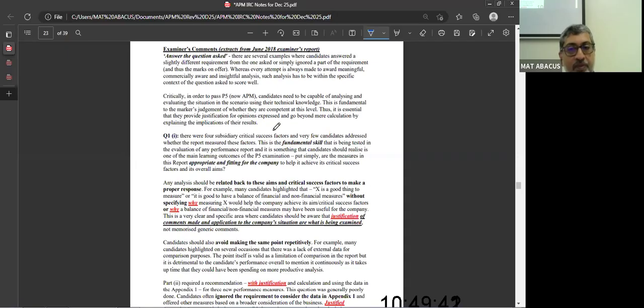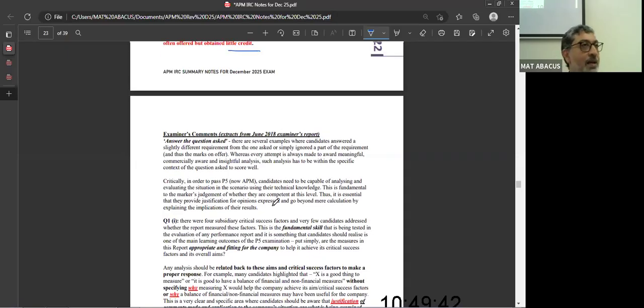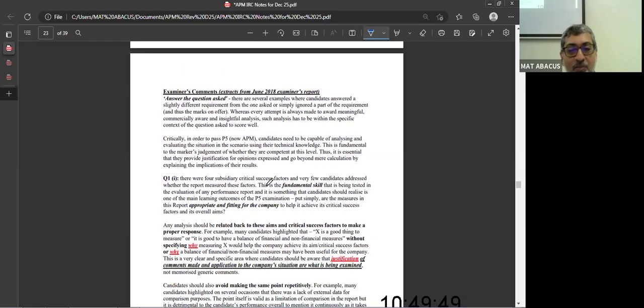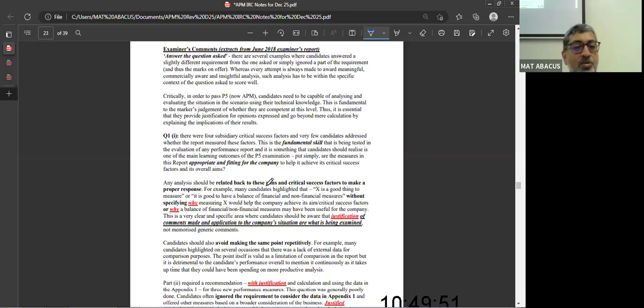Then further down, during this June 2018, the examiner, when writing this examiner's comment, went ballistic with the problem of students not explaining their reasoning. Any analysis should be related back to the exam's critical areas. For example, this was about critical success factors.